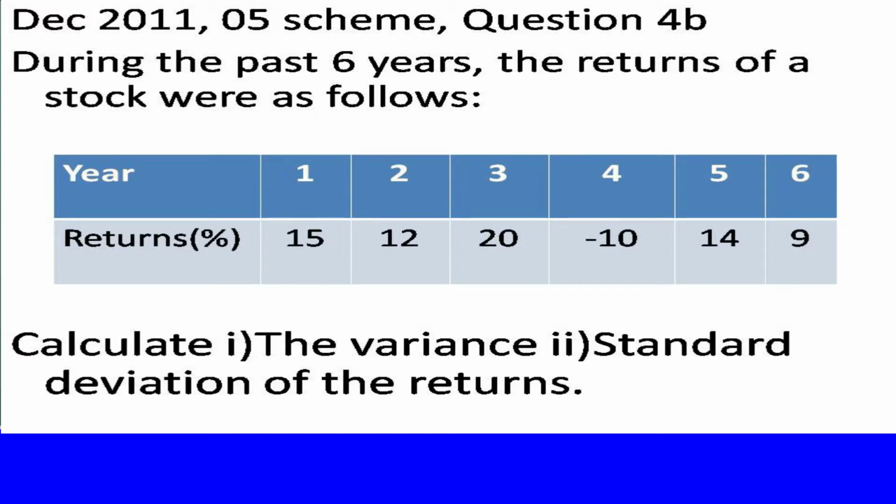During the past 6 years, the returns of the stock were as follows. The year is given and the return is given. I'll write the year and return here, which helps us to solve the problem. So 6 years of data is being given, and they have given return in percentage.